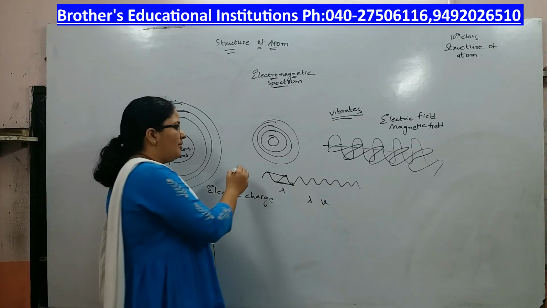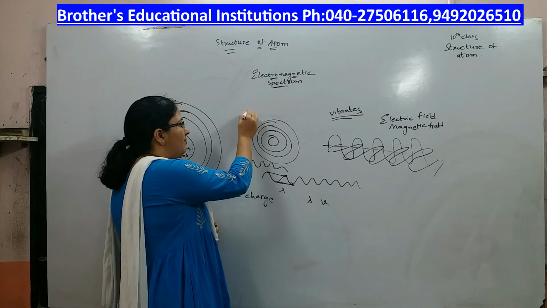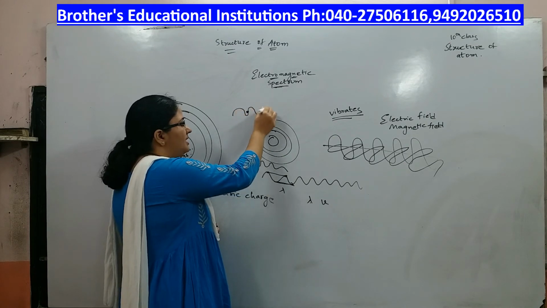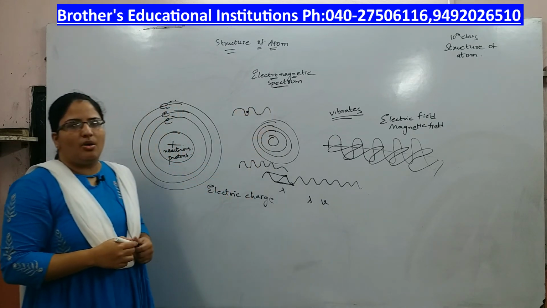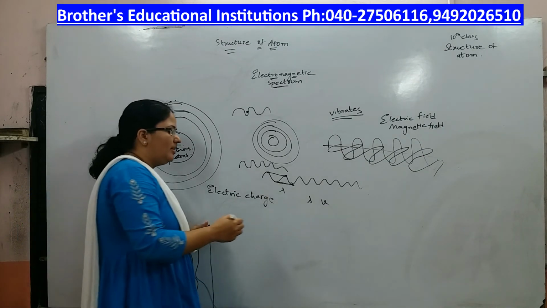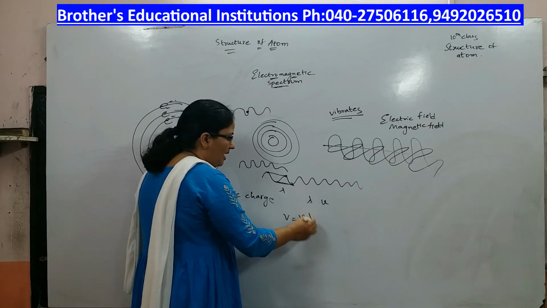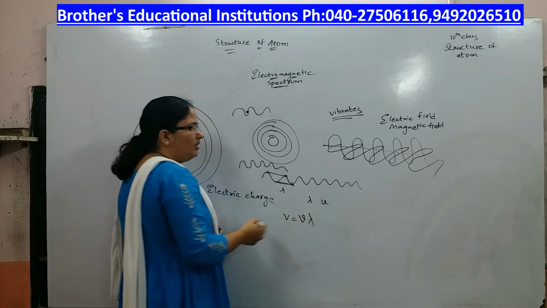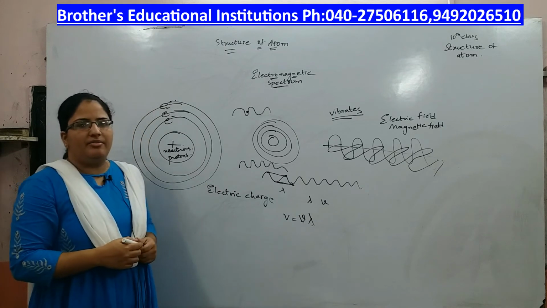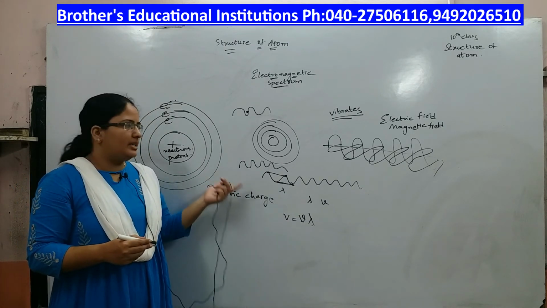Frequency means the number of waves that pass through a point in 1 second of time. Now you have an equation for velocity: velocity is equal to nu lambda, that is frequency into lambda. This is applicable for all waves, whether it is a sound wave or any other wave.